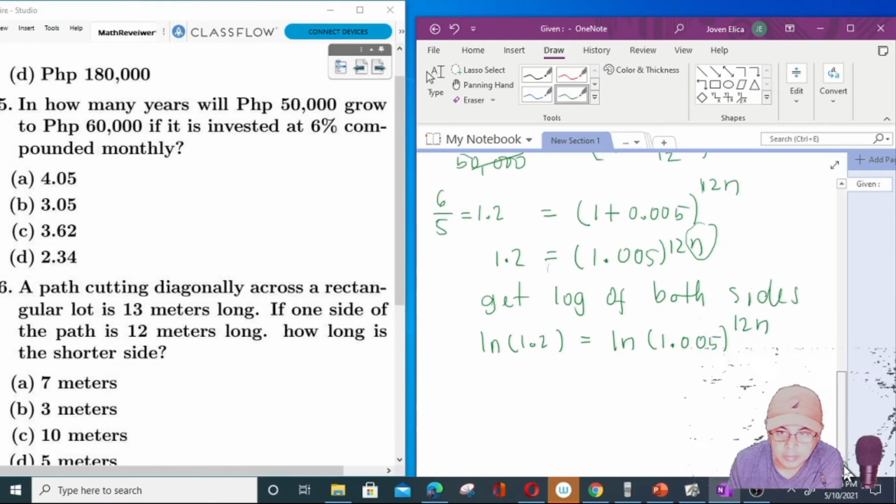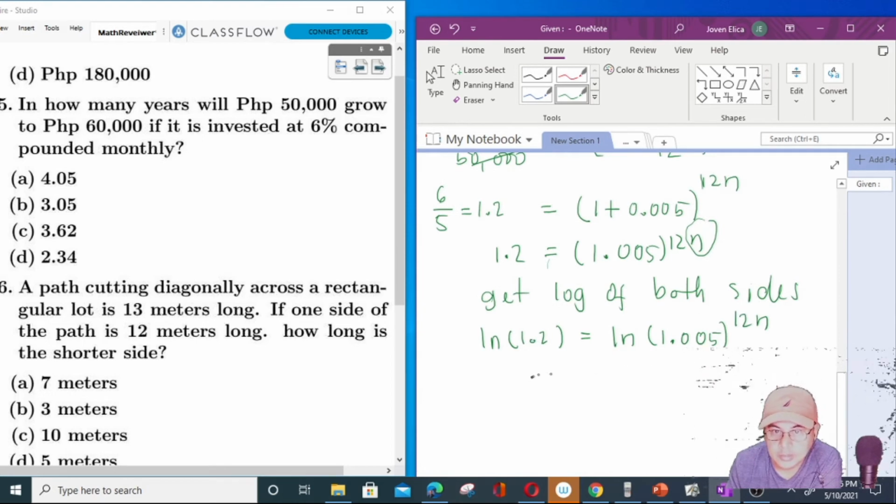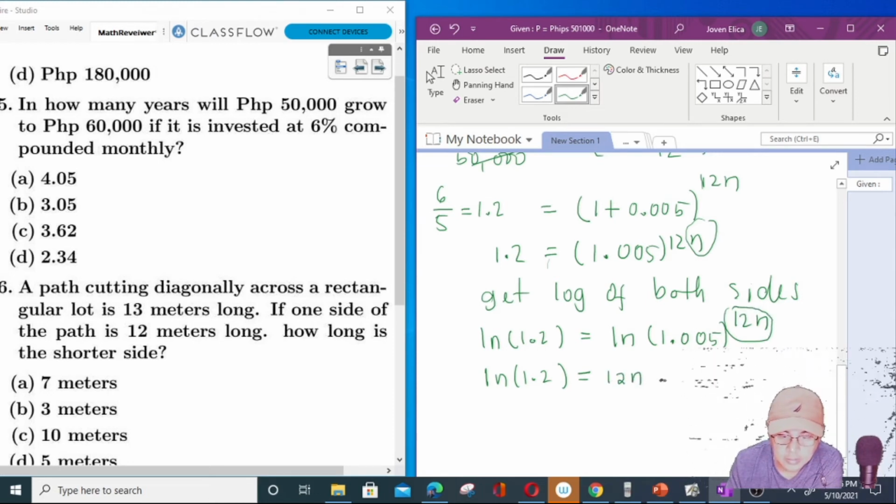From the power rule of natural logarithm, ln of 1.2, this power will become 12n multiplied by ln of 1.005.